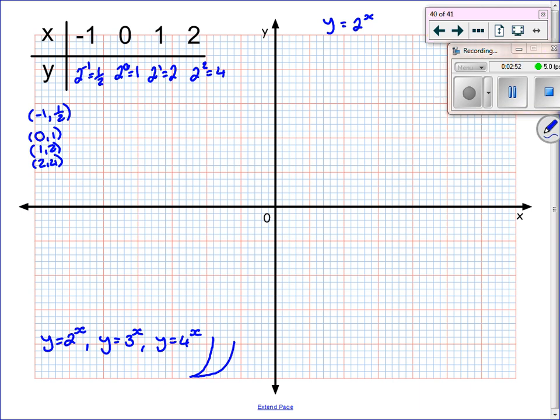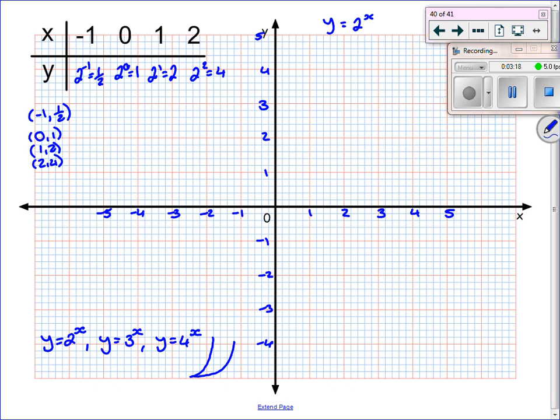Let's say that this is 1, 2, 3, 4, 5, 1, 2, 3, 4, 5, minus 1, minus 2, minus 3, minus 4, minus 5, minus 1, minus 2, minus 3, minus 4.